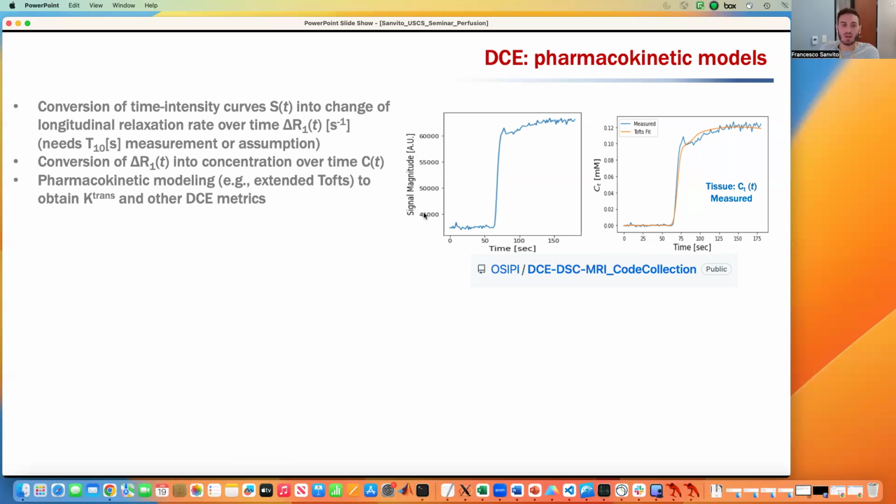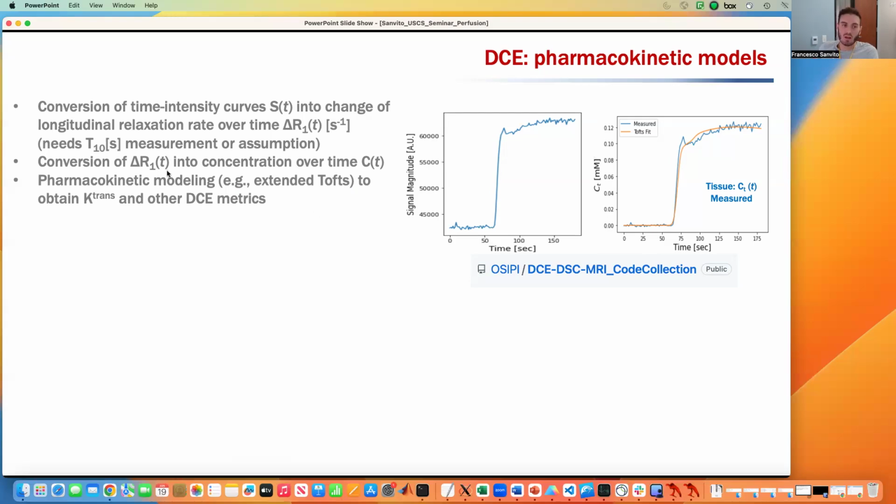I'm not showing it here. In order to convert signal to delta R1, you need to measure the T1 time of the tissue with T1 relaxometry, or you can assume a certain T1 of the tissue. So there's an assumption or a measurement involved.